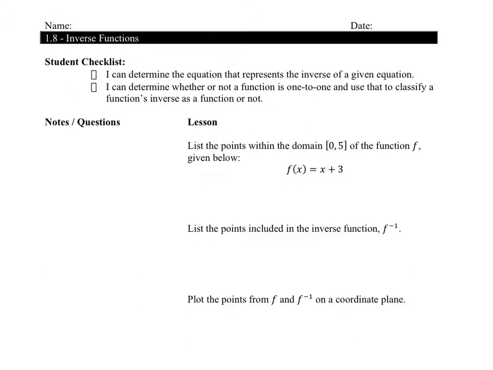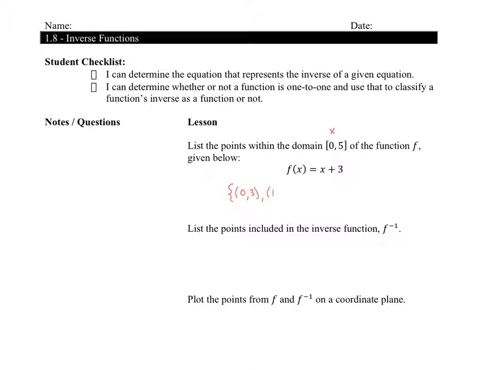So first of all, we're going to start with just this basic function f of x here, and we're going to list the points within the domain. Remember that domain means your x values of the function f. So that would be the point 0, and if I plug in a 0, I'm going to have 0 plus 3. So the point (0, 3) is within this function over that domain.